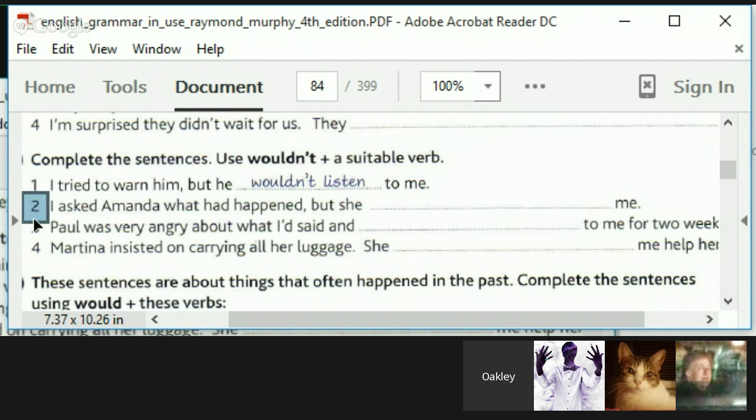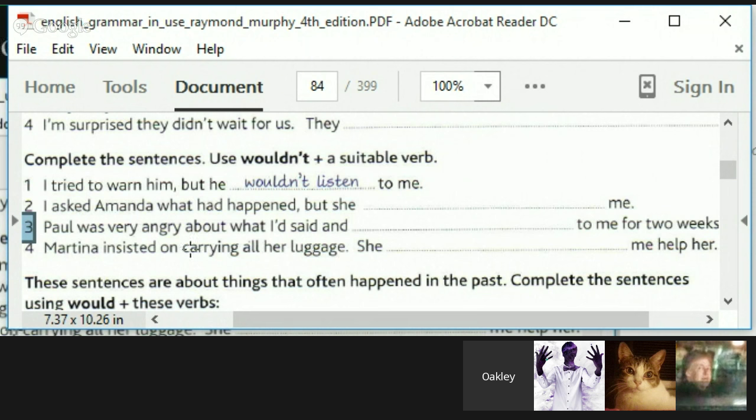Again, if it happens right now, Amanda, tell me what happened. Why won't you answer me? So the will becomes wouldn't in reported speech. When we're reporting the speech or what happened, will becomes like past tense. I mean, would becomes the past tense of will. That's the idea here.